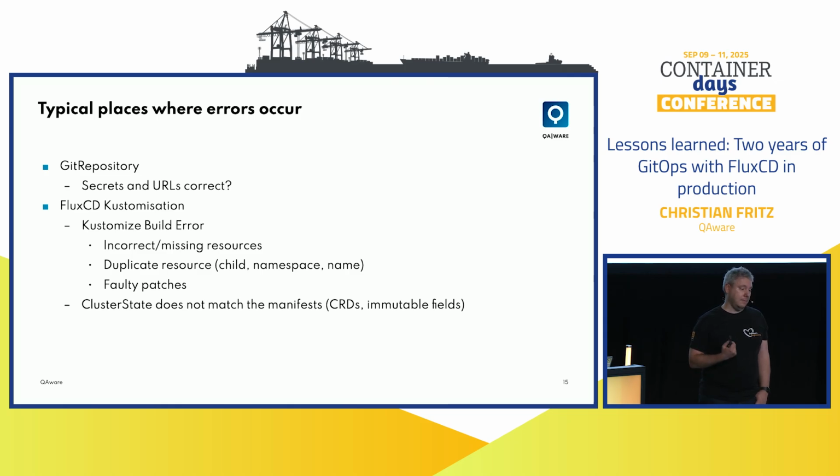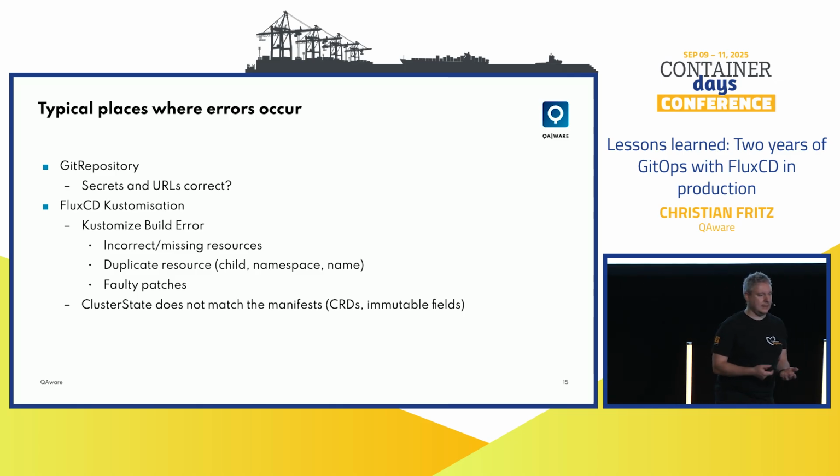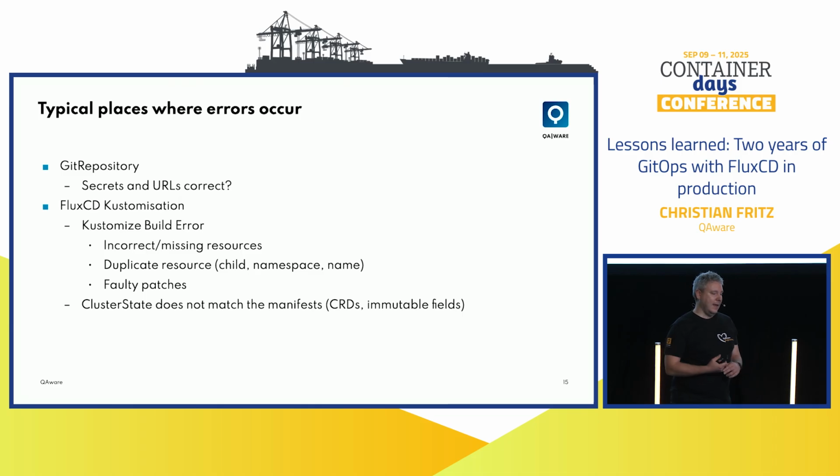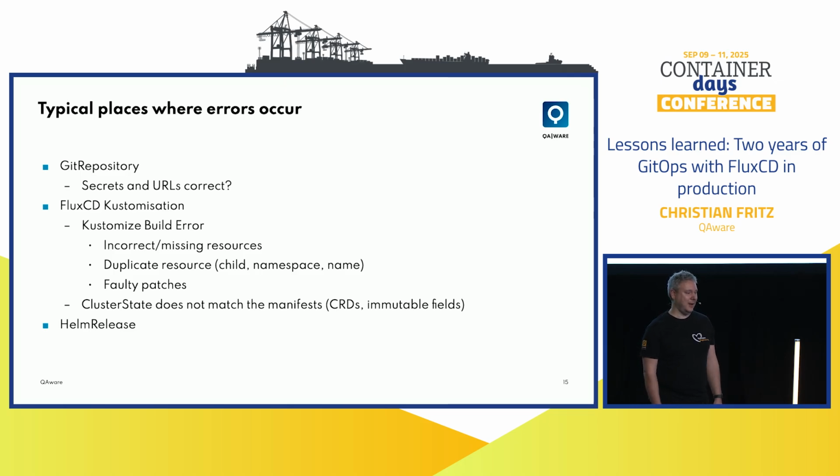Or the most common error which I encountered was that the cluster state doesn't match the manifests in the repository. In most cases, it's because the custom resource definition doesn't exist, or it wants to change immutable fields, for example, the labels. And Helm releases are also a source of many errors and faults.